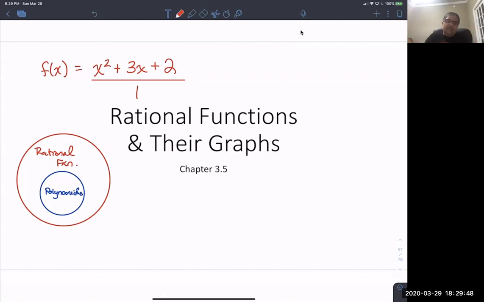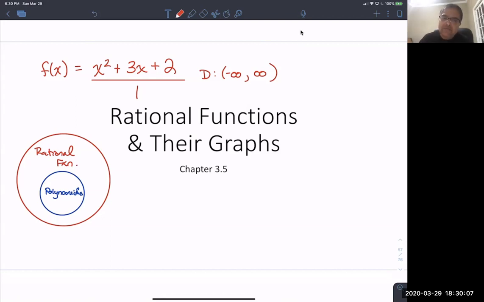Key characteristic of a polynomial is that the domain is all real numbers. So for example, in a polynomial function, the domain we said was from -infinity to infinity using interval notation. But this is not necessarily the case, as we're going to find out, with all rational functions.